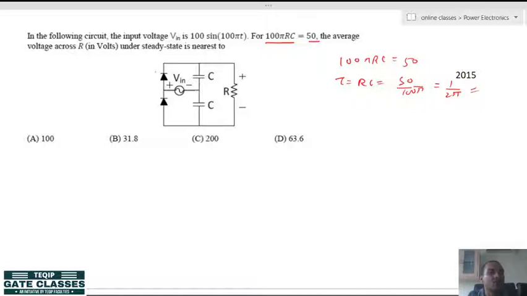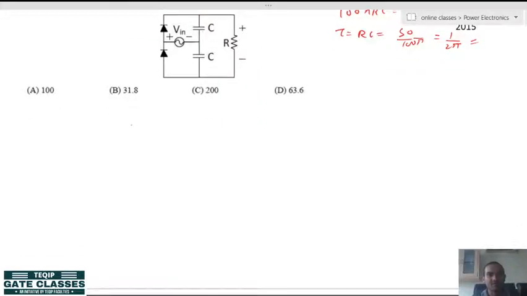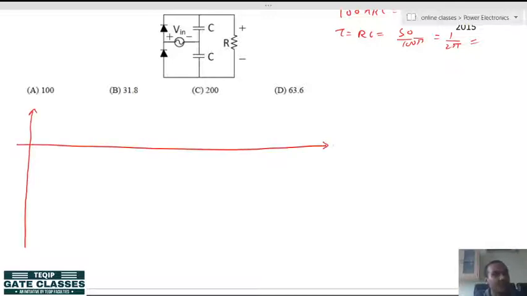Now he wants to know what the voltage will be under steady state. Here you have to be very careful. You have to draw the input and then the outputs, because without drawing the waveform you will not be able to conclude what the output should be.